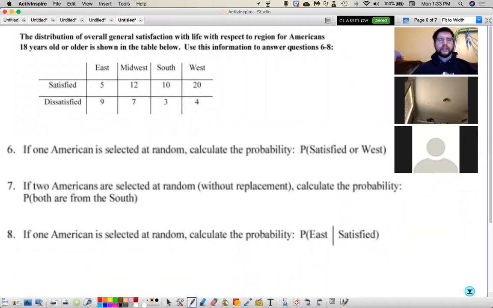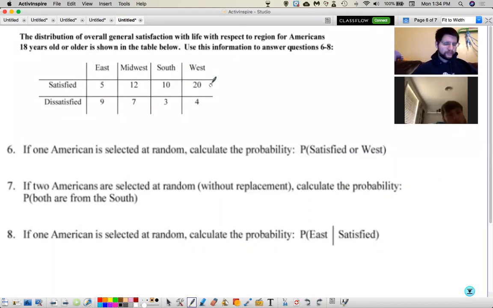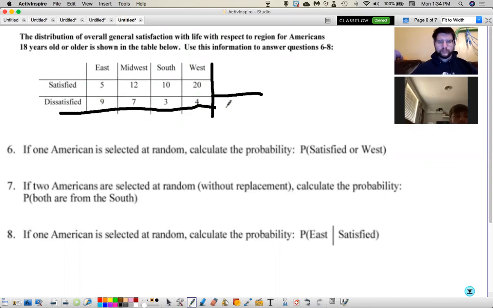Okay, so first thing I'm going to do whenever I see a chart like this is get my totals. Oh, bye, Taylor. Let me get all these totals up here. 14, 19, 13, 24.